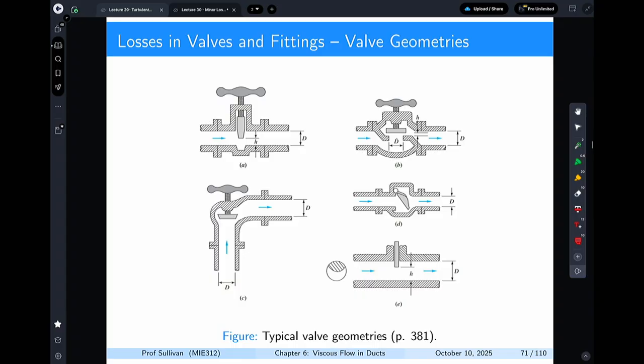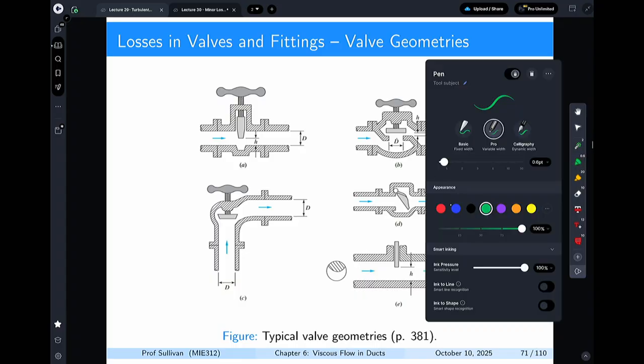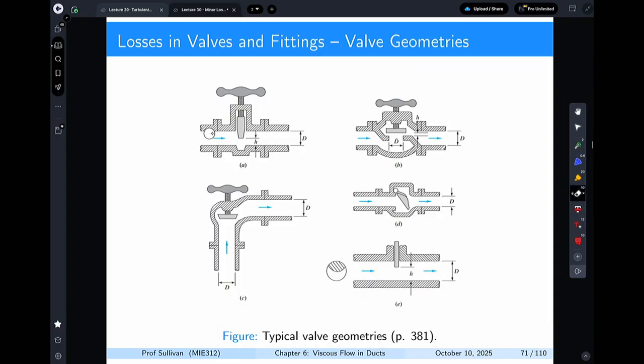So this is what's happening. Typically, if I had a nice, simple pipe, I wouldn't have anything in there, and so the flow would continue undisturbed. But because I introduce some sort of geometric change, I also introduce a pressure drop.